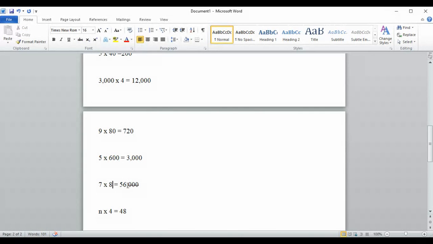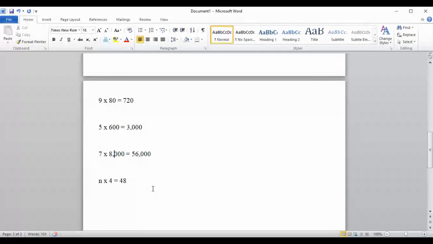But this has 3 zeros in it, so I'm going to add those 3 zeros. And of course, I'm going to lift up my finger so it's not covering up my zeros anymore. And I'm going to put the correct comma in there. Then let's check our work. 7 times 8 is 56. Add 3 zeros. All right.